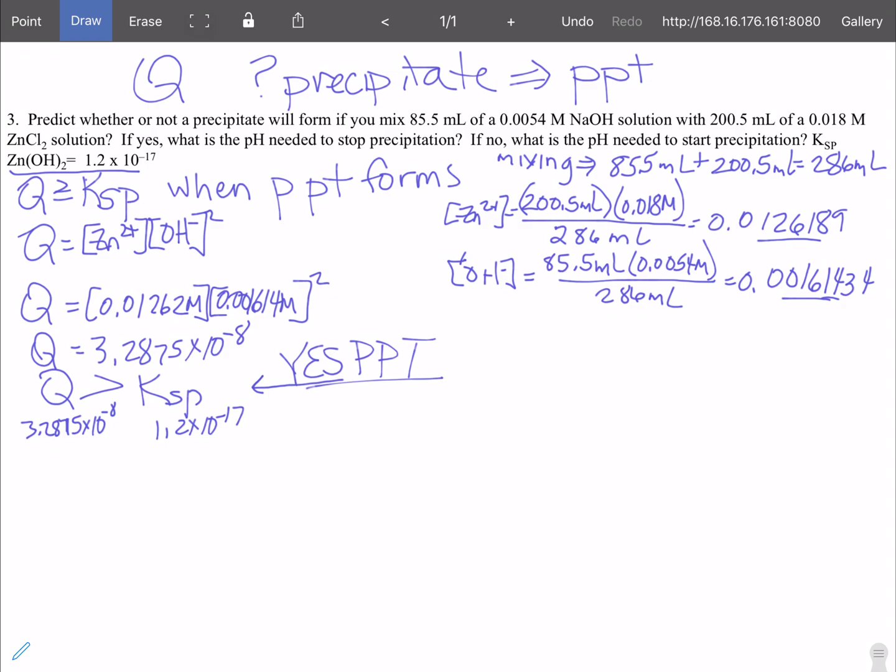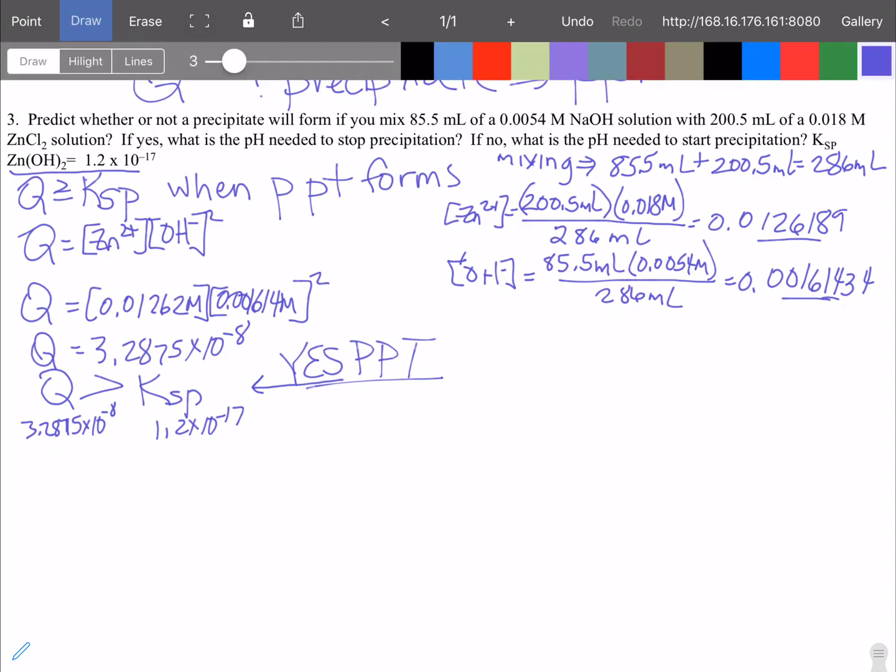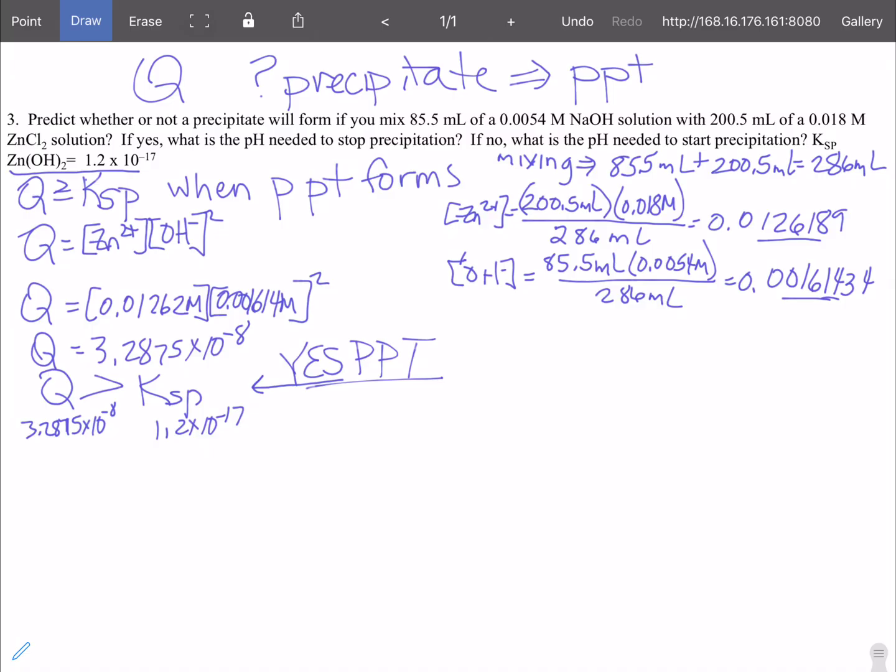Okay, now then the question becomes, if yes, what is the pH needed to stop precipitation? If no, what is the pH needed to start precipitation?